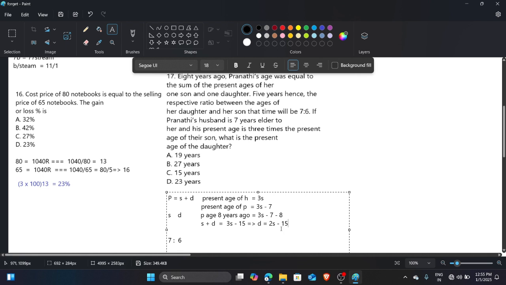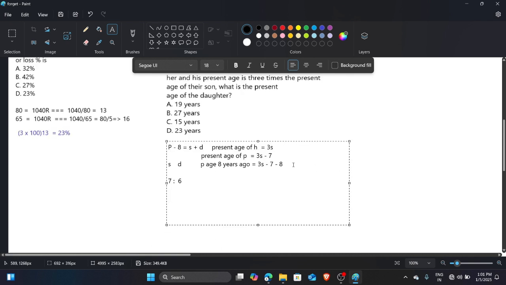But we know that after 5 years their ratio would be this. After the 5 years, this is one equation. Now what we have to do is, from here, 5 years, this is the ratio, it means s plus 5.